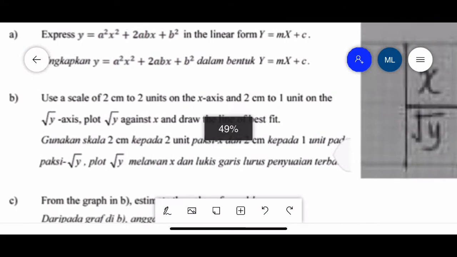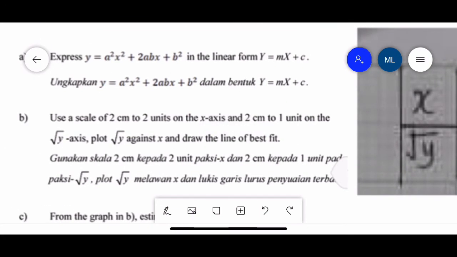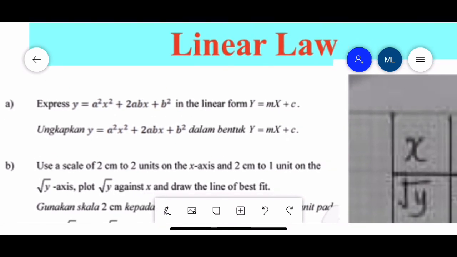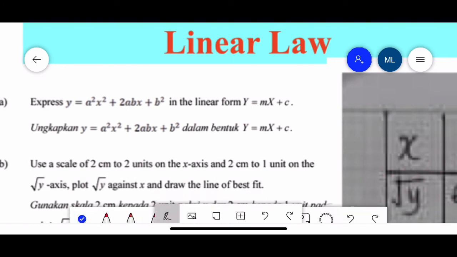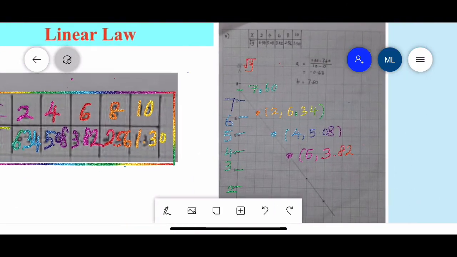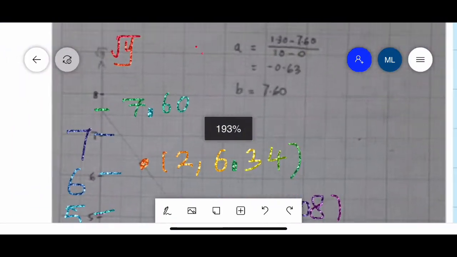Try to pass through as many points as possible, and if a point is not on the line, make sure the distance is close to the line, and make sure there is balance between the points which are above and below the line.